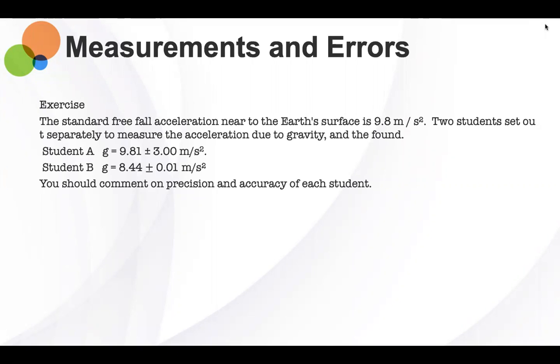Student A found that g is 9.81 plus and minus 3.00 meters per second squared. Student B found that g is equal to 8.44 plus and minus 0.01 meters per second squared. Comment on the precision and accuracy of each student. I hear someone is ready to answer.